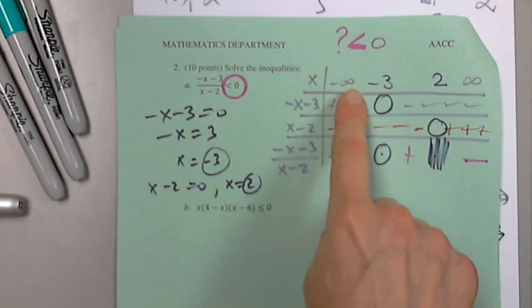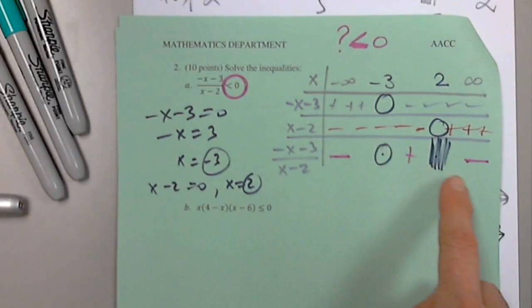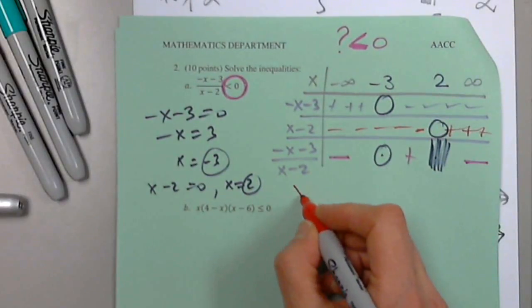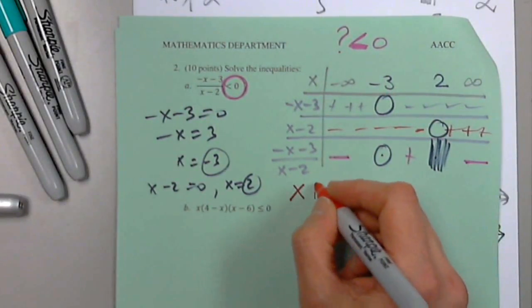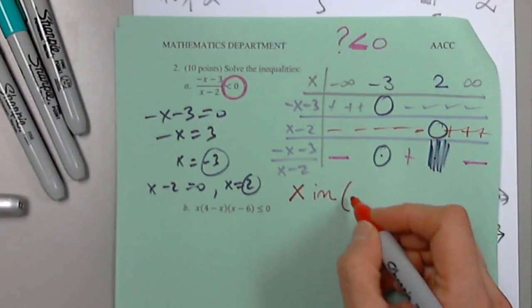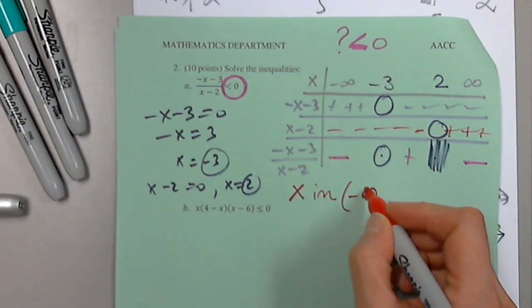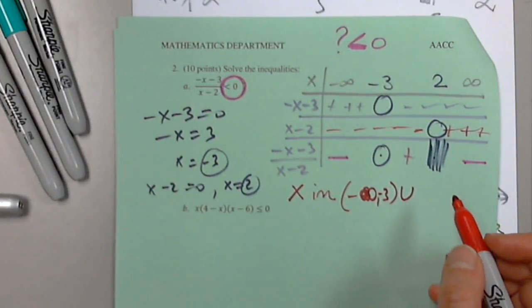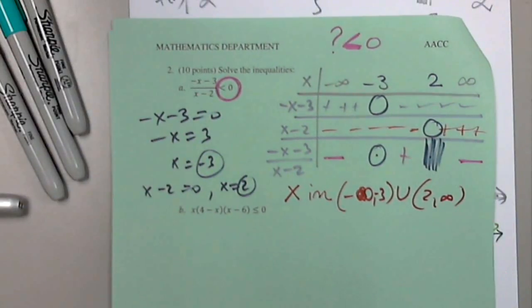It's negative here for this x, and it's negative here for this x. So now the solution is x is a real number in the interval, and please dictate when you're ready. Negative infinity to -3. Very good.